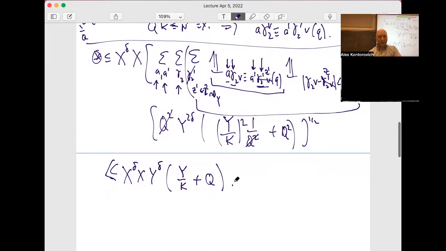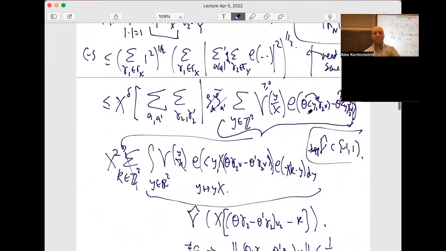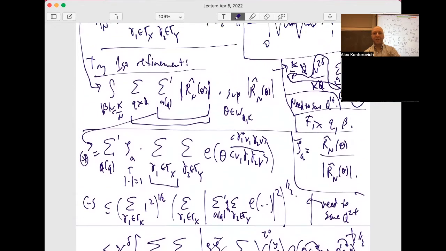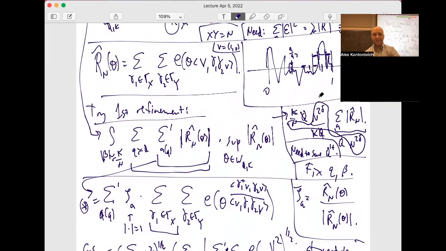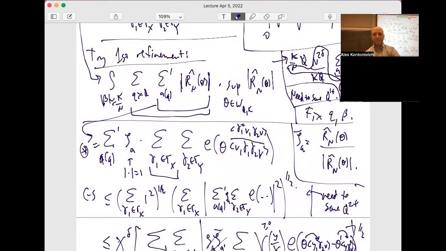What have we saved? So I have an n to the delta. Remember what we need: we need to save Q. The trivial bound is Q times n to the 2 delta. We need something that's just n to the 2 delta and a little bit less.